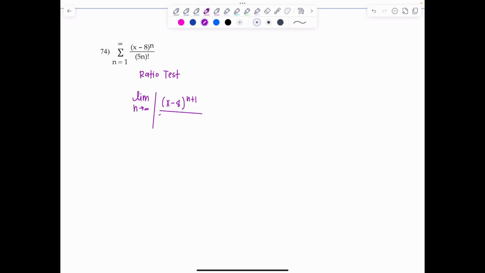Please be so careful here. This is 5 quantity n plus 1, all in parentheses, and then factorial, because the 5 needs to distribute through. Divided by a sub n, so times 5n factorial over x minus 8 to the n.